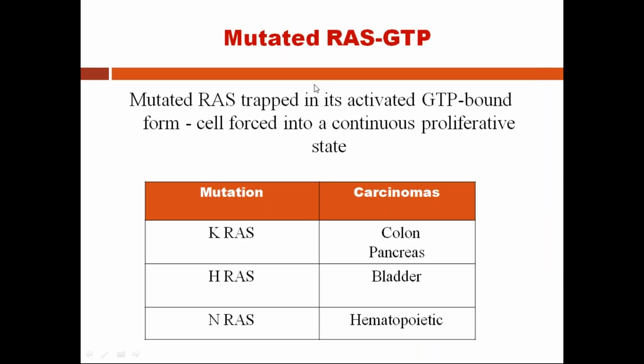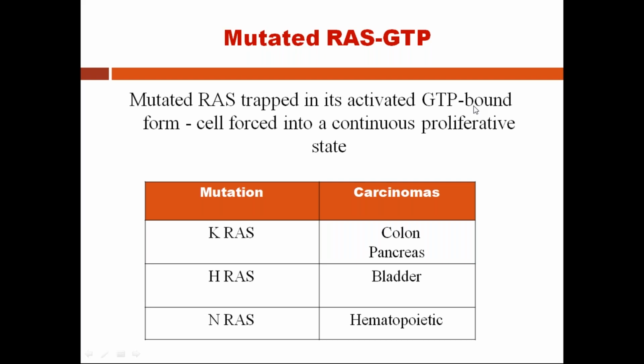Now, what happens when the RAS gene is mutated? When the RAS gene is mutated, the RAS protein gets tightly bound to GTP.